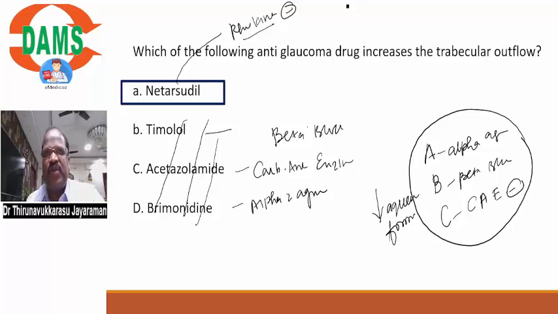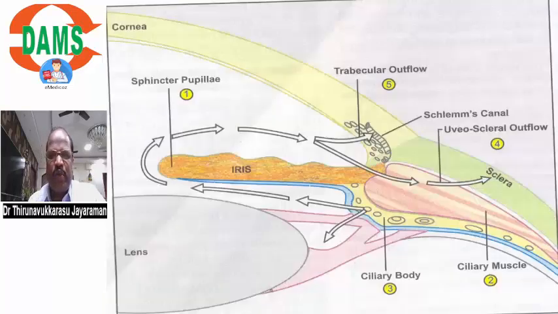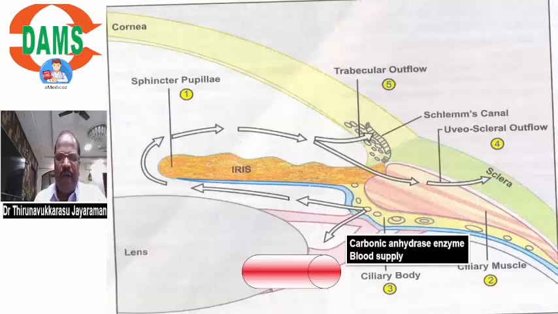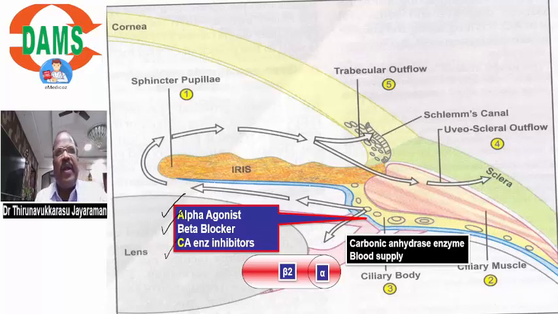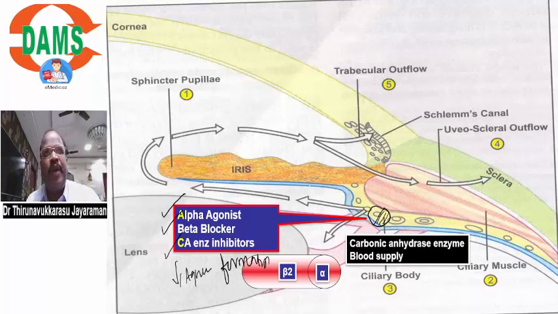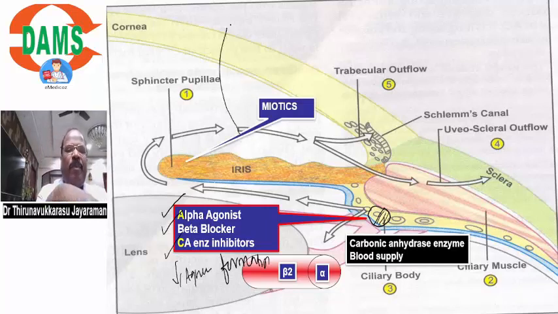This is a very interesting question. Regularly we discuss it in the classroom. Now just look at this. For treating glaucoma, remember, just note the ABC mnemonic: alpha agonist, beta blocker, and carbonic anhydrase enzyme inhibitors. They act on the ciliary body and decrease aqueous formation. Mnemonic ABC. Whereas some drugs promote the drainage of aqueous. For example, miotics. We have pilocarpine, a cholinergic drug.